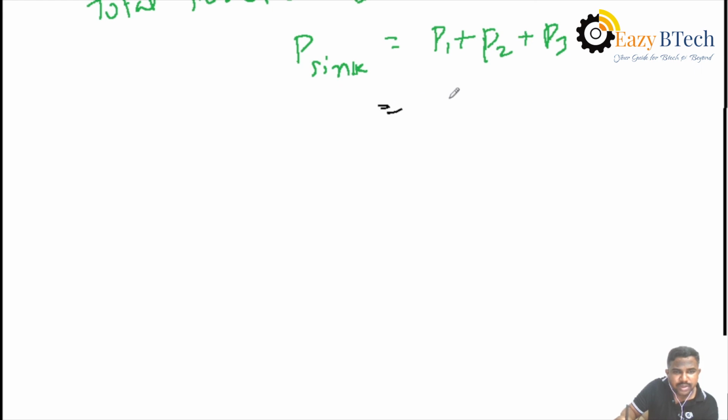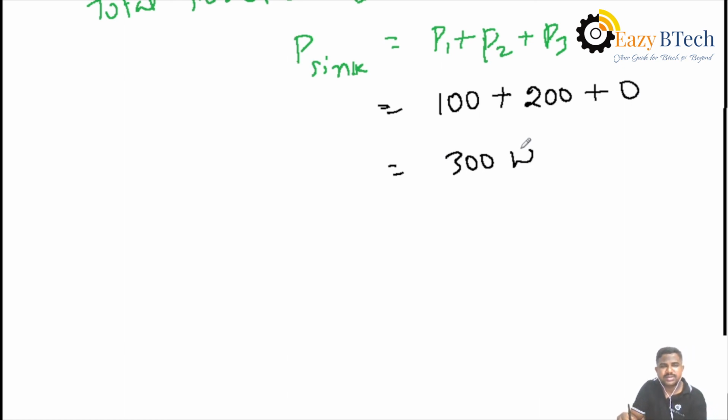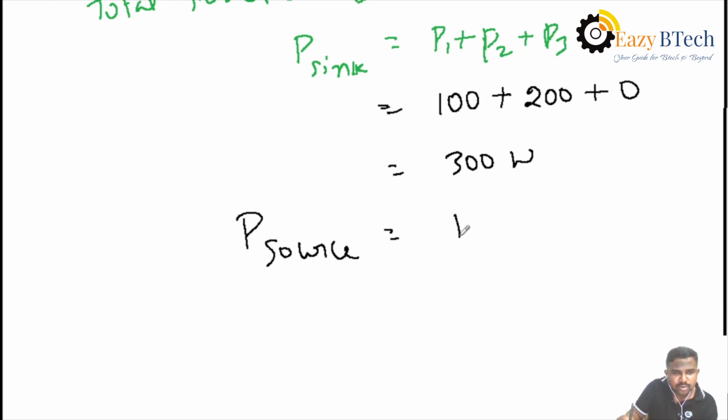The P1 value is 100 watts, P2 value is 200 watts, and P3 value is 0. Then the total power is 300 watts. Therefore, according to Tellegen's theorem, the sum of the powers from the source equals the total power in all branches. Then the two values are equal. Hence, Tellegen's theorem is verified.